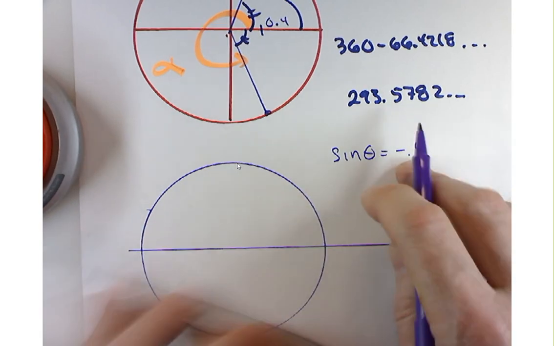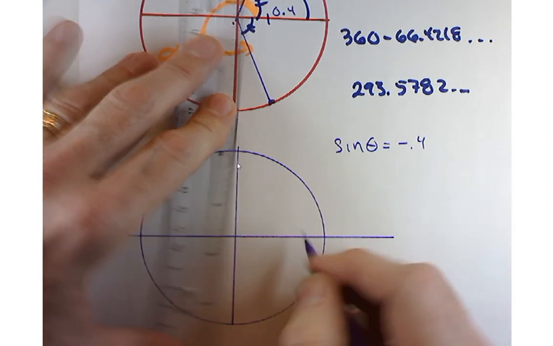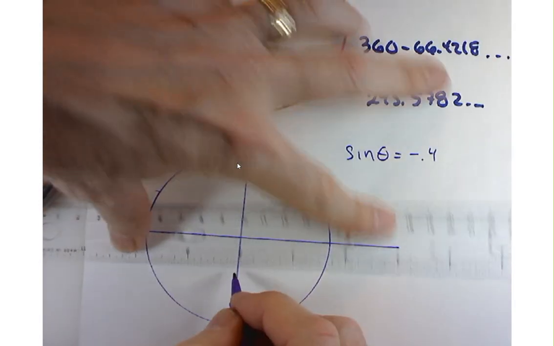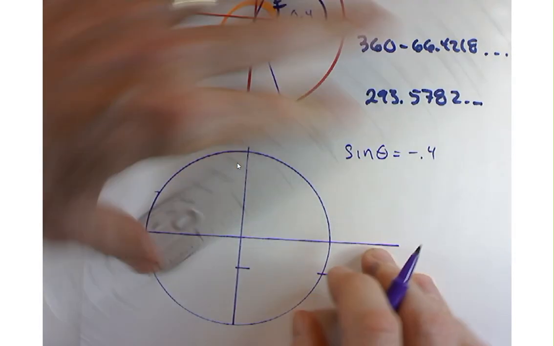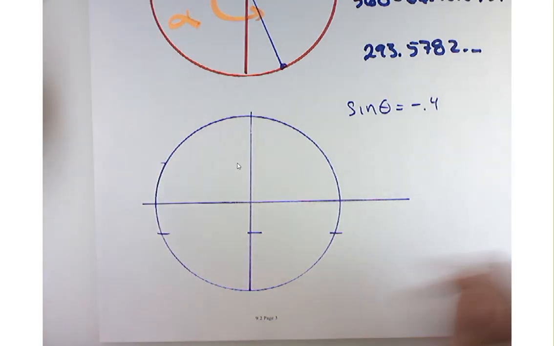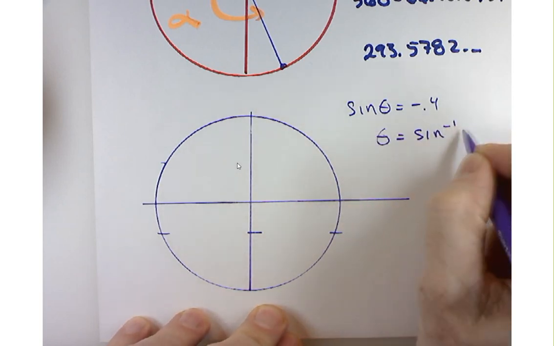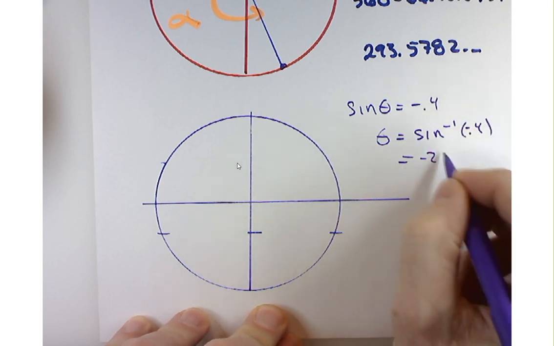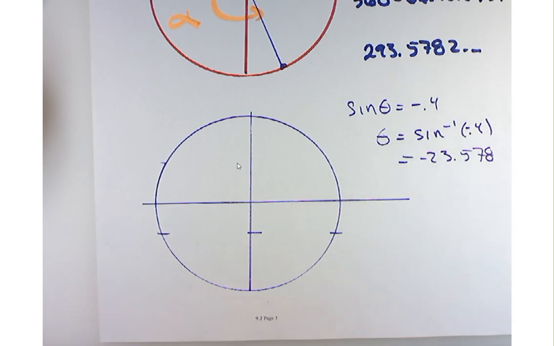This time, it's going to be a little bit different. So this time, when you do sine inverse of negative 0.4, it's going to give you negative 23.578. Now you're in trouble.